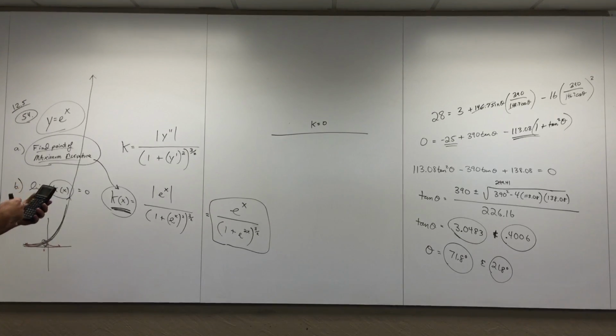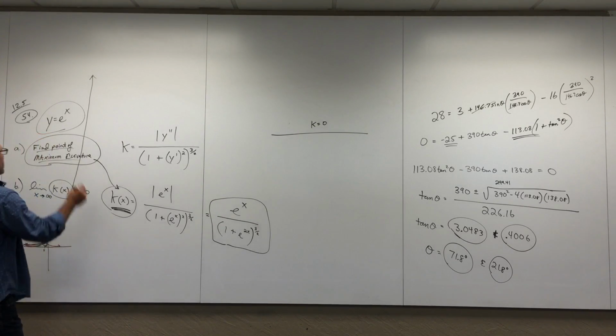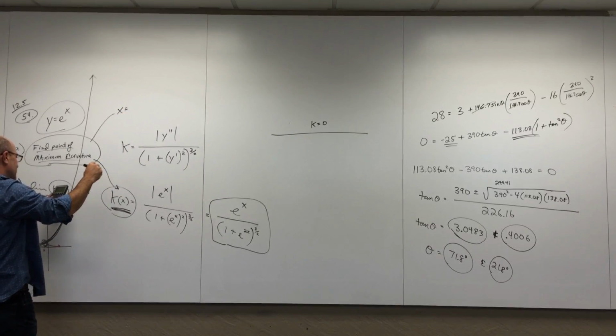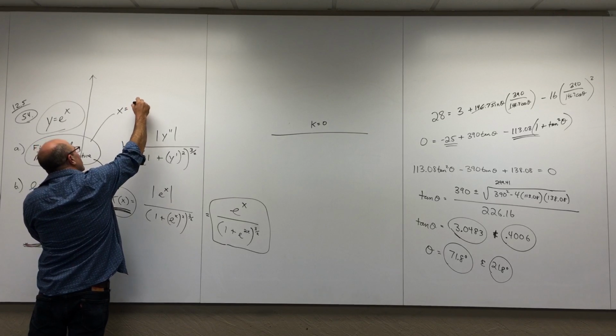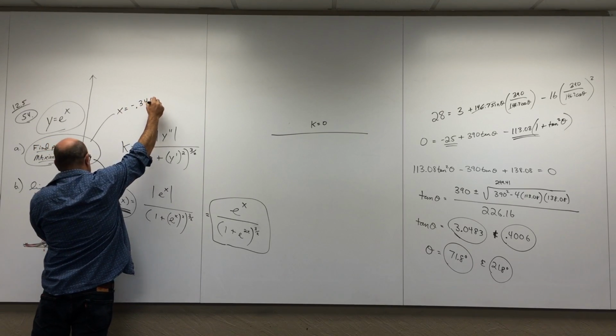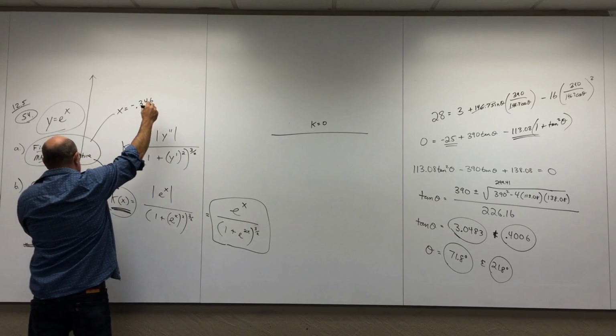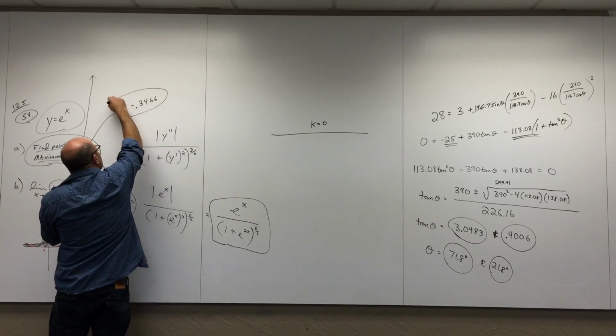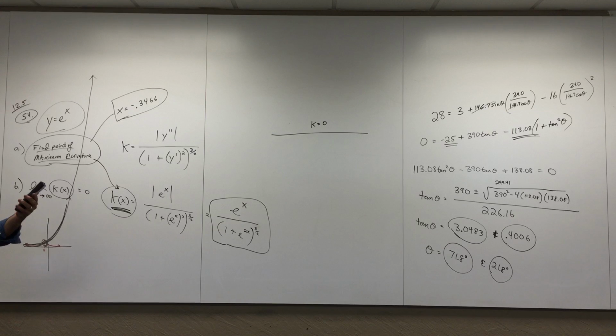It looks around in between there and tells me that the max curvature happens when x is, did you guys do this? -0.346, something. Yeah. That's what my calculator said.